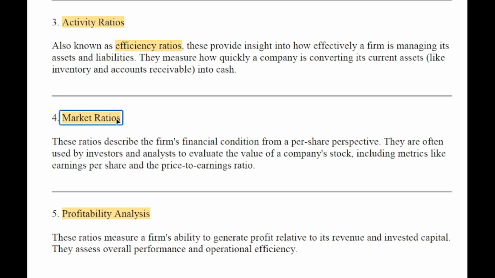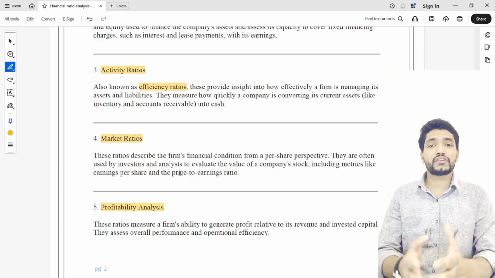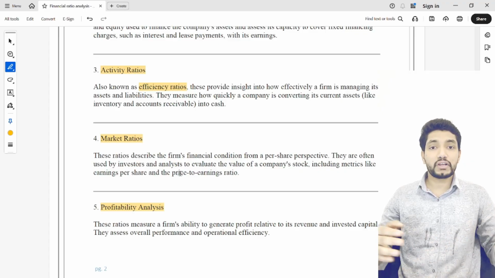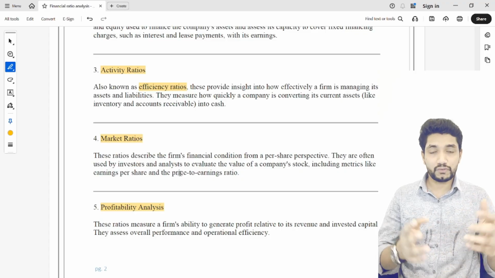The next key ratio is market ratios. These ratios describe a firm's financial condition from a per share perspective, that means from the investor's perspective. If I'm an investor, I would like to invest in a company, so I would conduct some ratio analysis to see whether this investment is feasible or not.